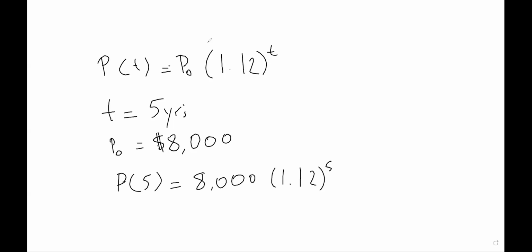So all we need to do now is to plug that in our calculators. Just plug it in nicely in our calculators, and the answer that we will arrive at is that P5 is equal to 14,098.